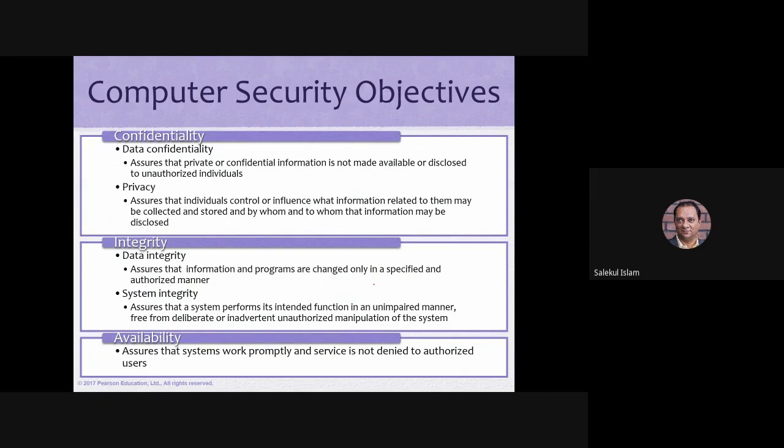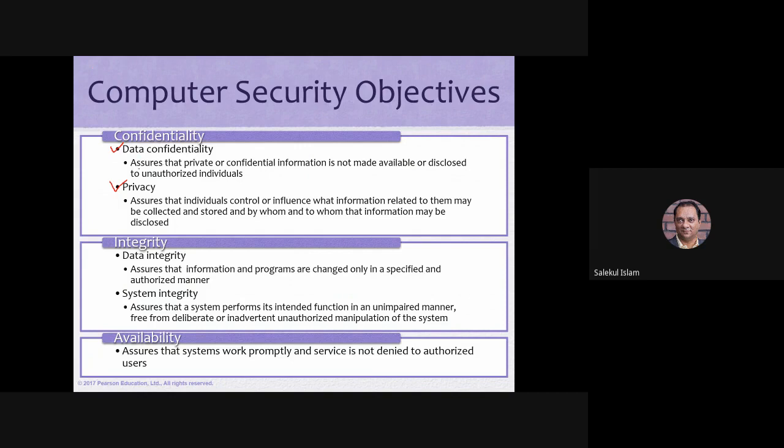Now, the term confidentiality can again be divided into data confidentiality, which is one kind of confidentiality, and another one is privacy. From the words, I think this is very explicit. What is the meaning of data confidentiality and what is the meaning of privacy?